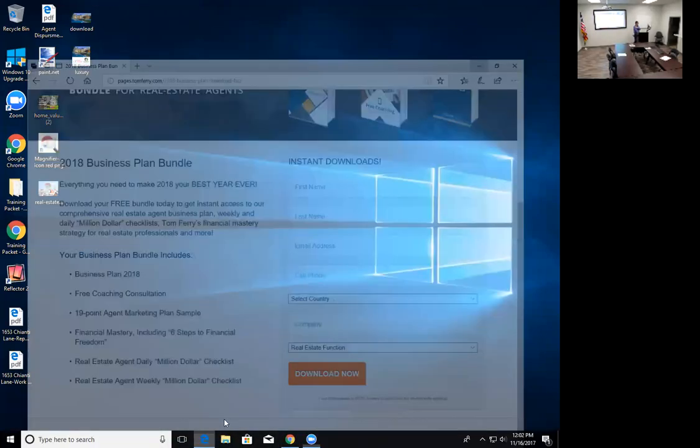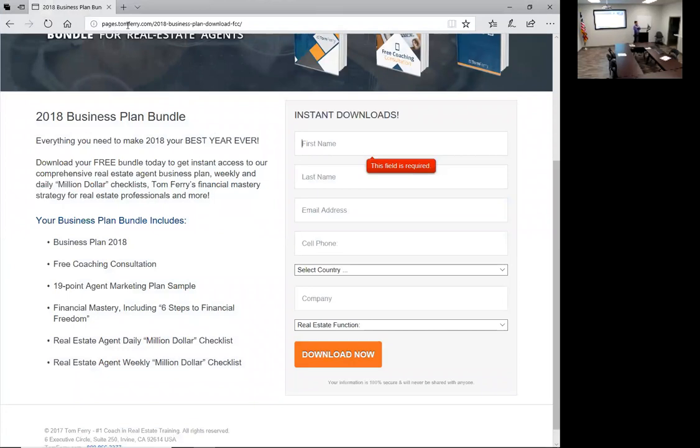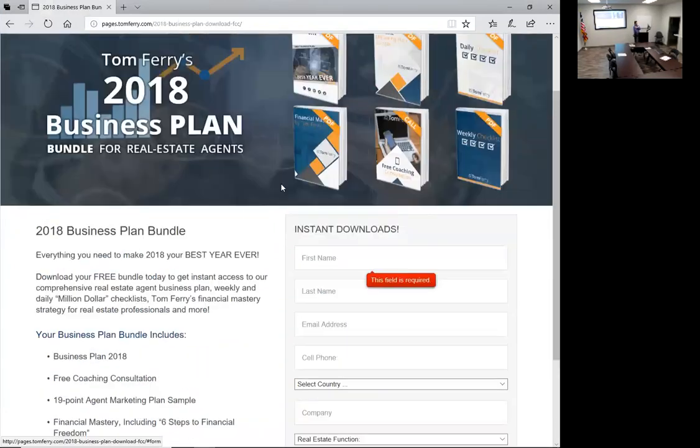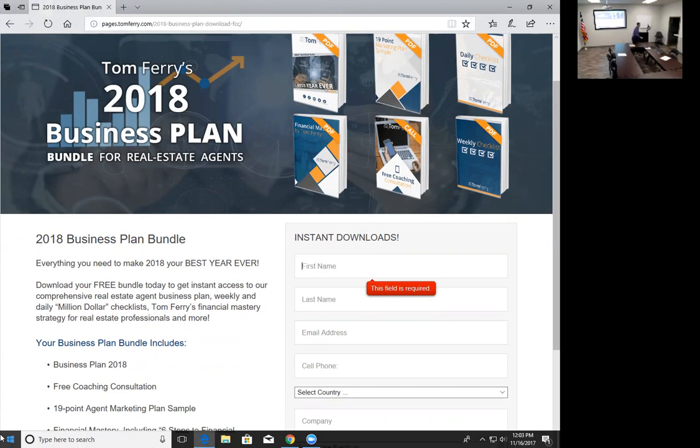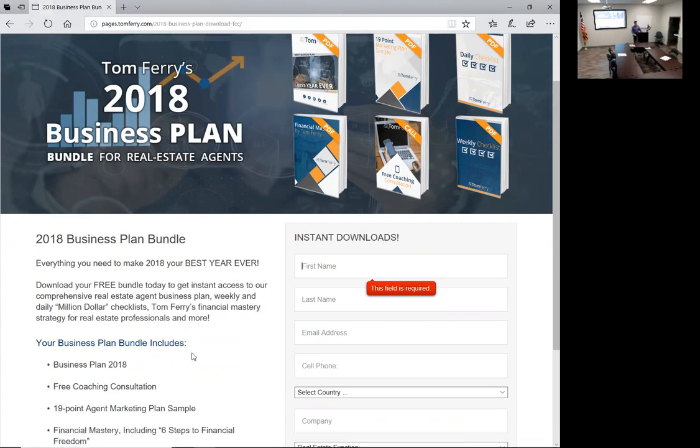Where am I? Okay, so what I'm doing right now, I'm at tomferry.com, and I'm double checking to see, are you able to get a free online business plan model as well? By going here and filling this information out, will it allow you to go to the next screen? If it doesn't, just know, if you go to Tom Ferry's website and you use their model to do the business plan, I'm going to assume that you're going to be getting calls from Tom Ferry's sales team requesting that you do coaching.